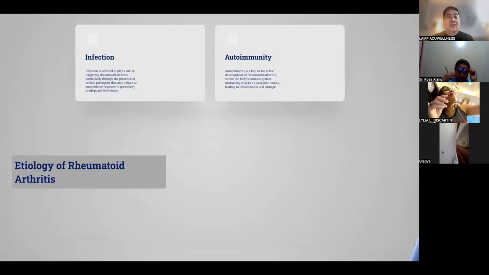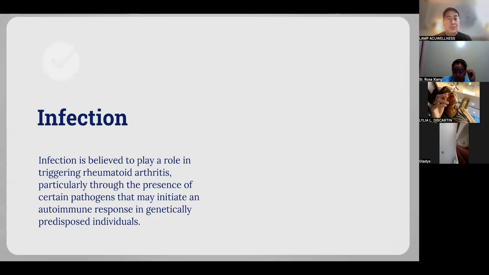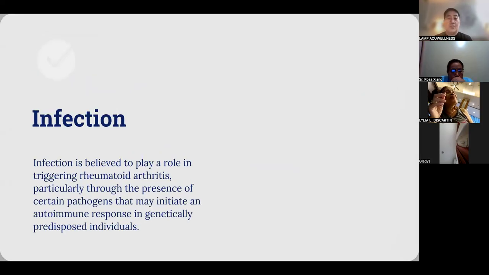Okay. So let's talk about etiology of RA. So there are only two. Could be infection. Infection is believed to play a role in triggering RA, particularly through the presence of certain pathogens that initiate an autoimmune response in genetically predisposed individuals.